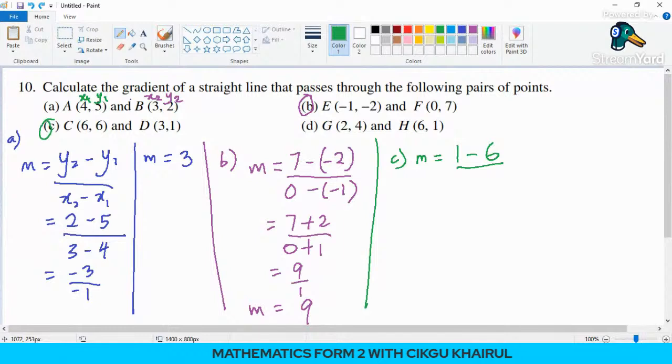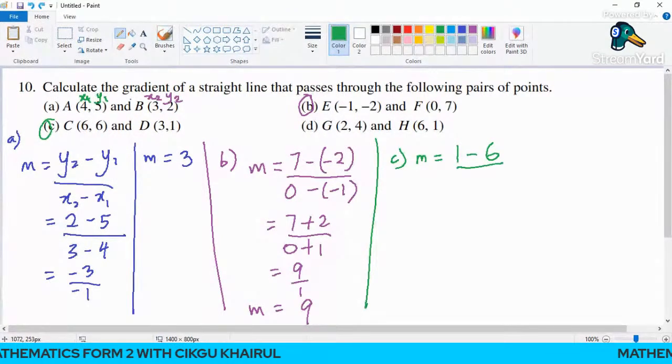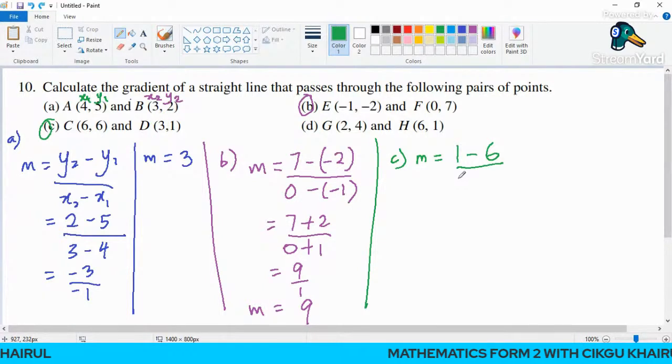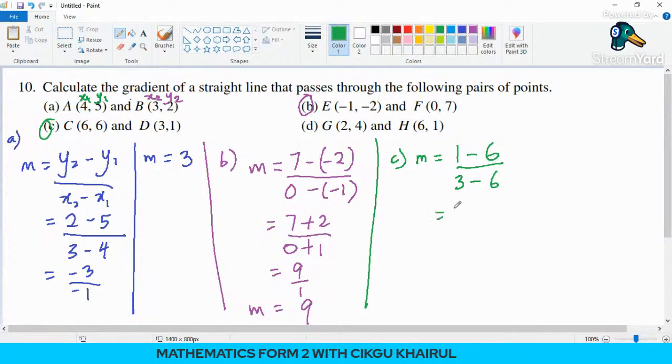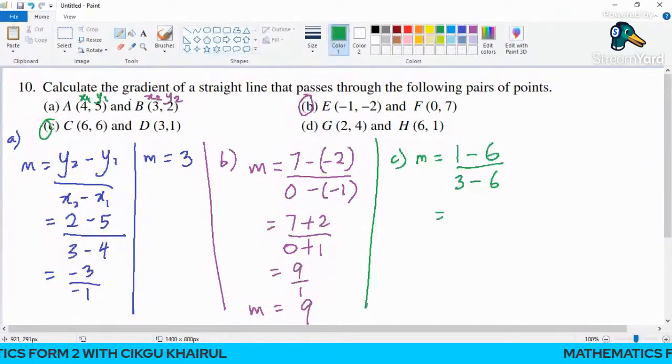So again, y2 minus y1 over x2. X2 is here, 3 minus x1, 6. And this is equal to 1 minus 6 is negative 5, 3 minus 6 is negative 3.